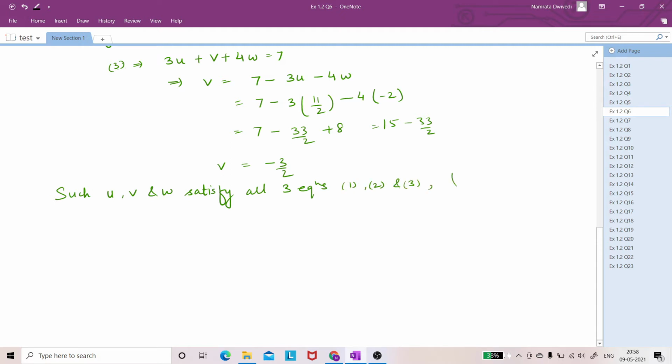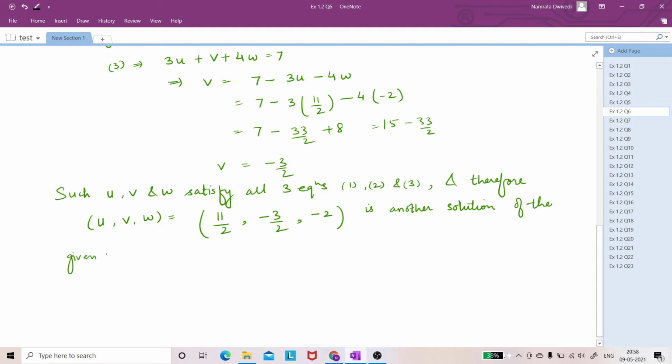And therefore the vector (u, v, w) equals, substituting these values, u is 11 upon 2, v is minus 3 by 2 and w is minus 2. So this is another solution of the given vector equation.